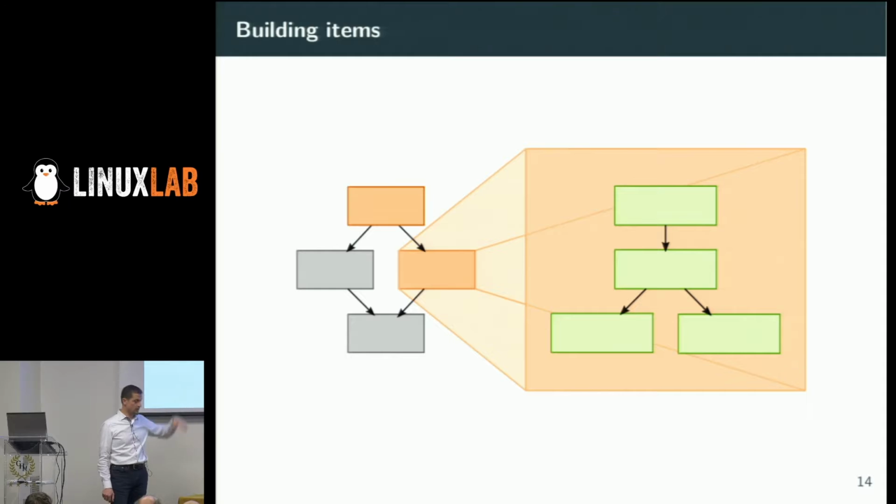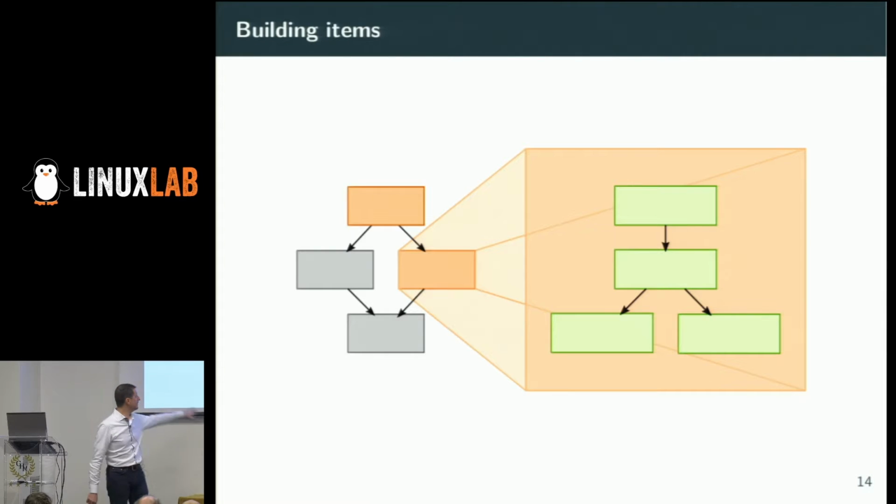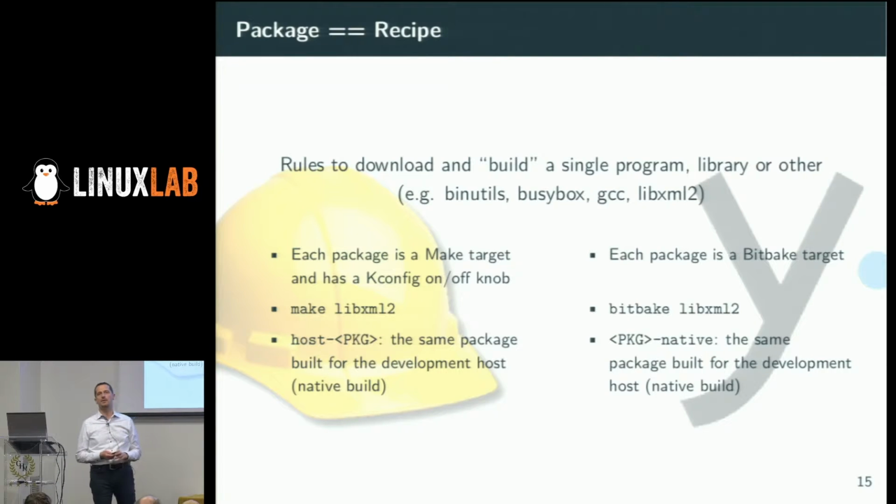But for each package, they also have sub steps to download, extract, configure, build, and so on. So there is a naming about this, and each of these top-level components is called packages in Buildroot and recipes in Yocto. It's pretty much the same thing. So it's the set of rules to build some piece of software.